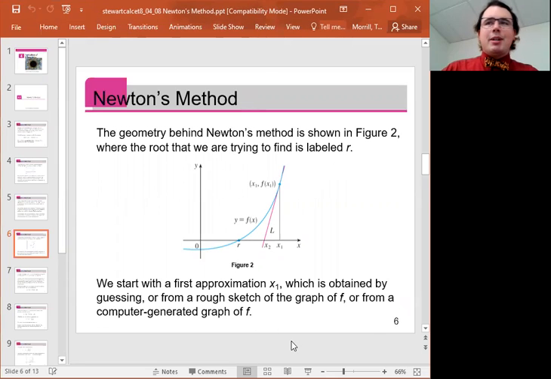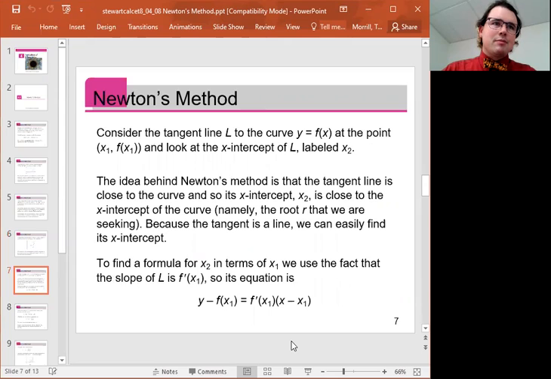So how can I put these steps together and find that root? As long as we pick a good starting guess, our x1, then that tangent line is going to be very close to the function.